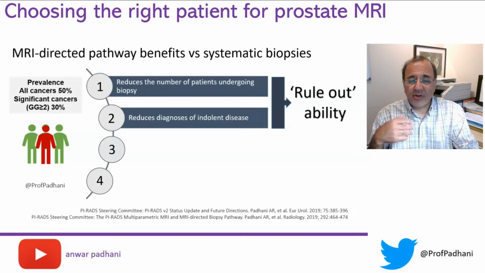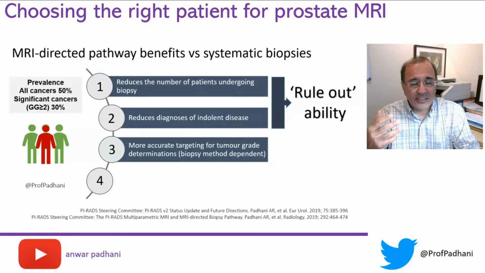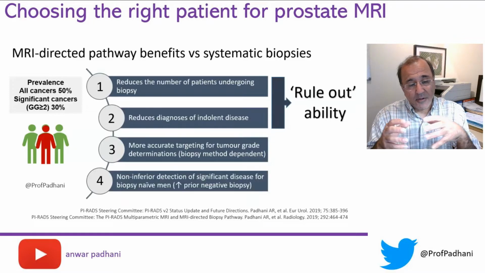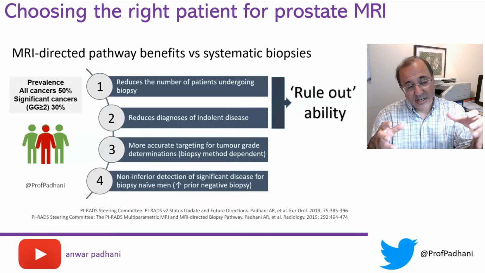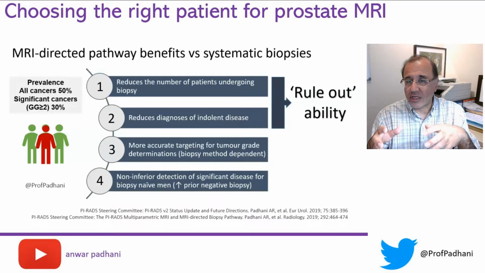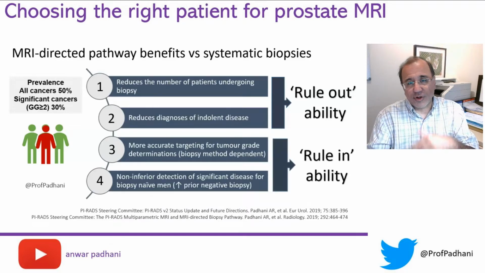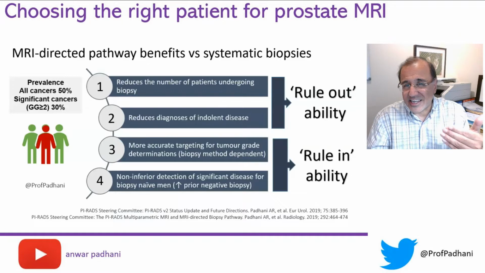And of course, there is a more accurate targeting of the tumor, which leads to improvements in grade determinations, but this is somewhat dependent on the biopsy method. And at the same time, we need to recognize that the prostate cancer diagnosis rates are not inferior to the traditional systematic biopsy route. And these advantages follow on from the rule-in ability of prostate MRI.